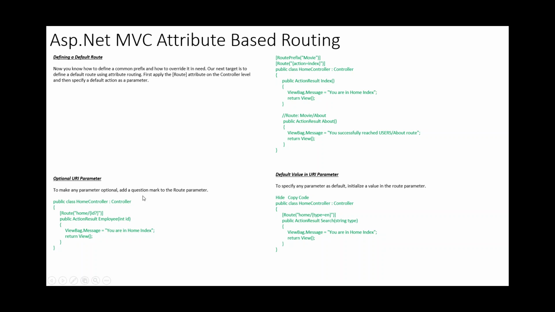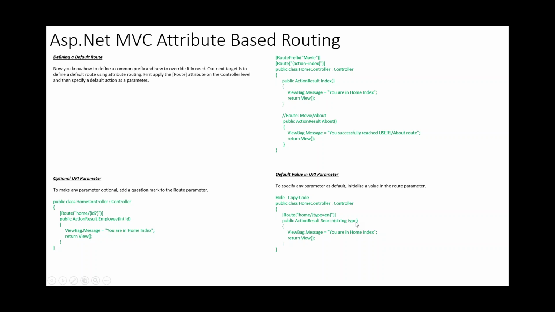Optional parameters: if you put id with a question mark in curly brackets, it means this is an optional parameter, and the default value you can directly give, like home slash type equals n. If you pass some value, it is used; otherwise it will by default take type as English.